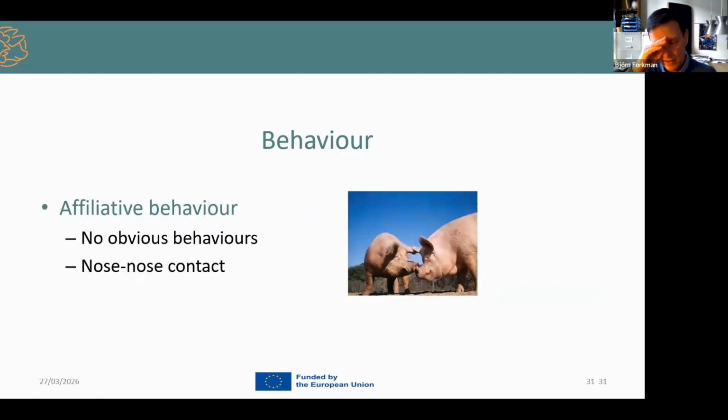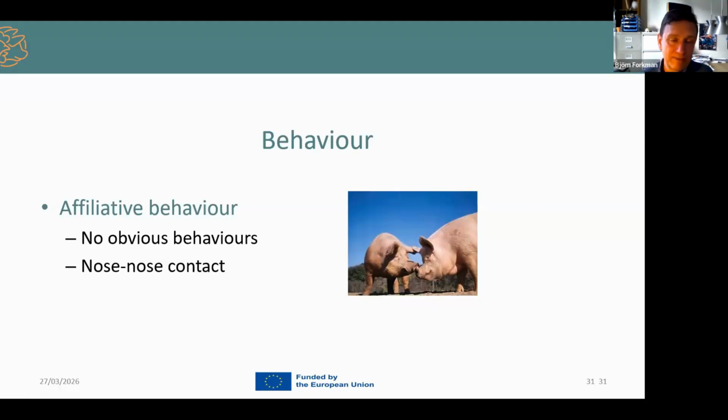When it comes to behaviors, we have very few positive behaviors in pigs. In many other animals, you have things like mutual grooming. What we do have in pigs is some kind of nose-nose contact, and obviously pigs like to lie together in close proximity.